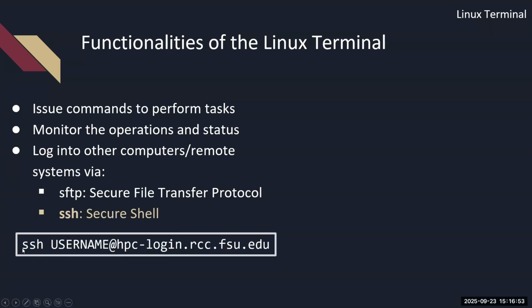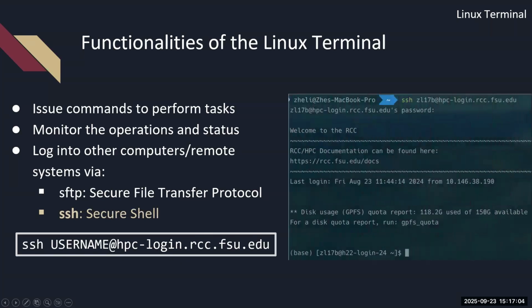When you type ssh from a terminal window, a username at a hostname can lead you there. This is an example. I'm using iTerm2 from my MacBook. When I type ssh, this is my FSU RCC ID, and then at hpc-login, this is the hostname.